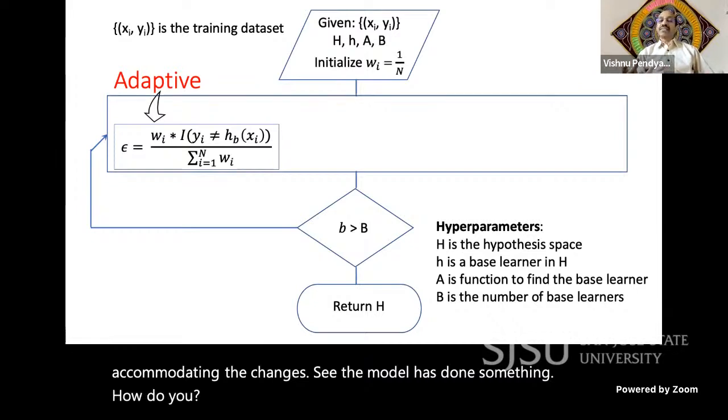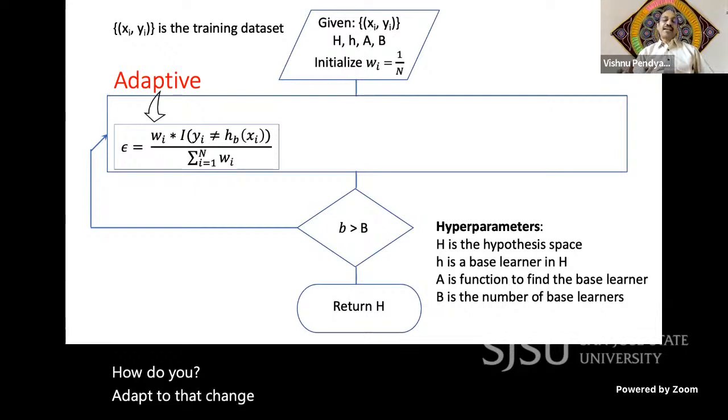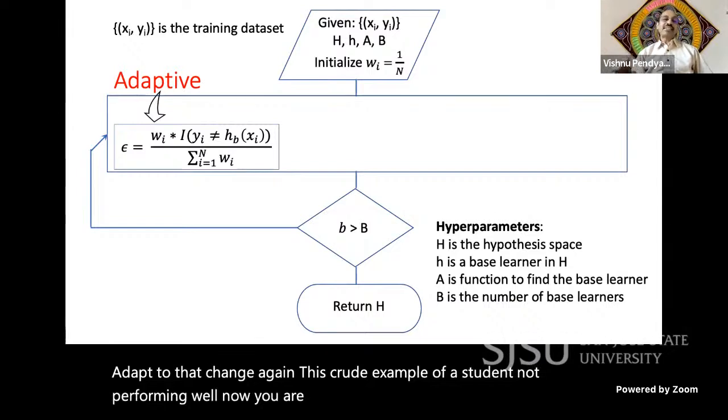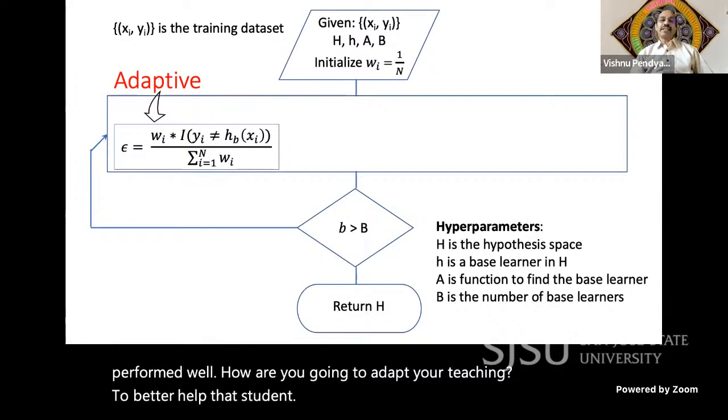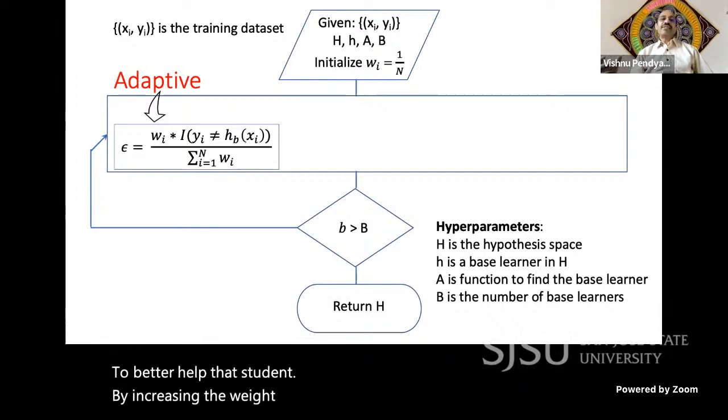See, again, this crude example of a student not performing well. Now, you have determined that this student hasn't performed well. How are you going to adapt your teaching to better help that student? By increasing the weight, right? In the class, you focus more on that student.